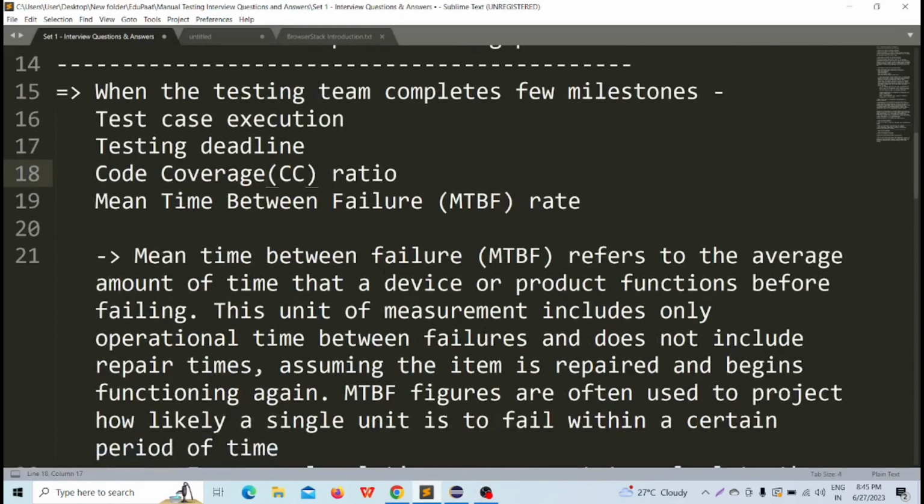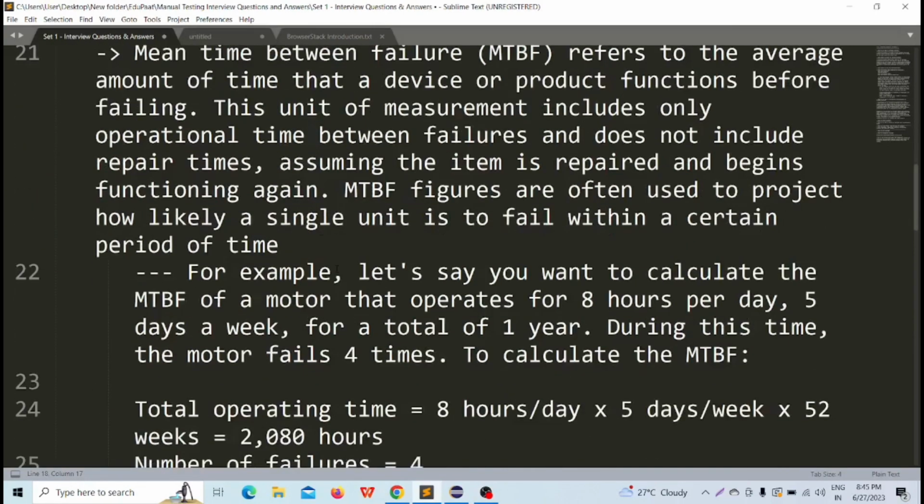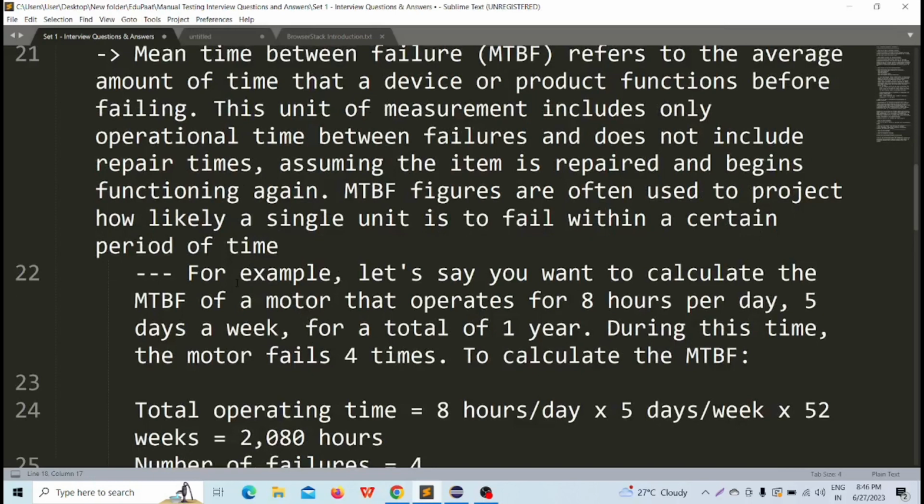Now, what do you mean by mean time between failure rate? First I am giving you an example. Let's say you want to calculate the MTBF of a motor that operates 8 hours per day and 5 days a week, for a total of 1 year.